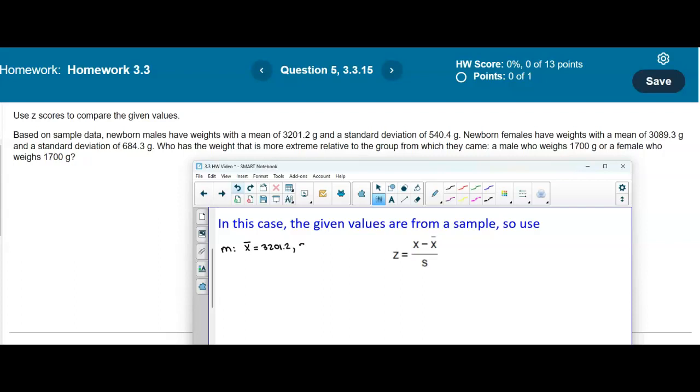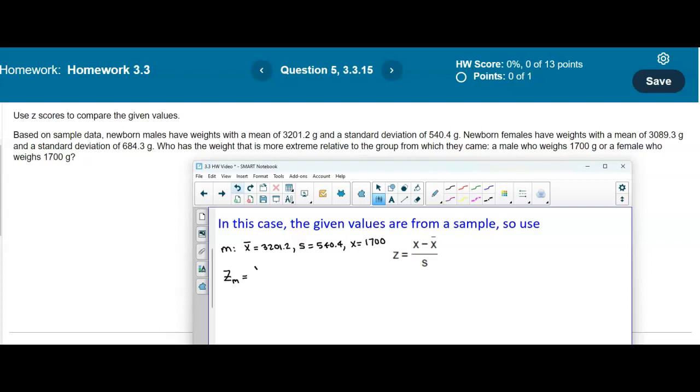And we know that the sample standard deviation is equal to 540.4 grams. And the value of x, it says the male who weighs 1,700. So the value for x is going to be 1,700. So let's find the z-score for the males.